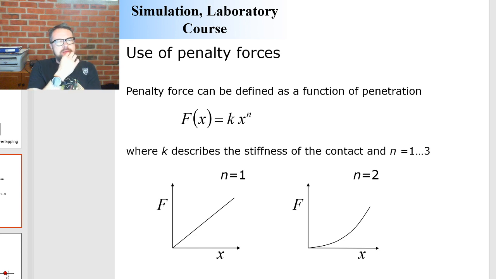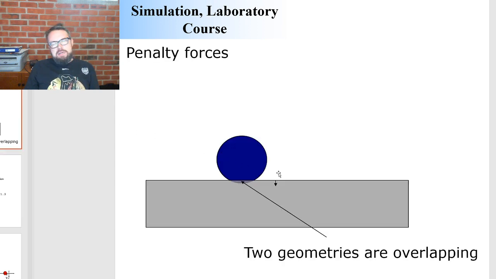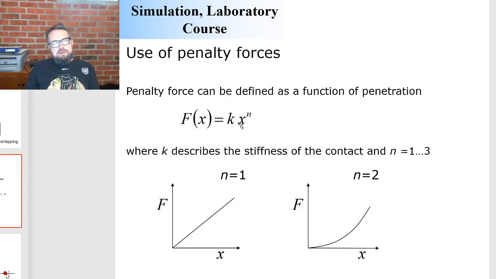This stiffness is then multiplied by the penetration, which is the one we measured in the previous figure. So x is missing here, which is a little bit confusing, but x is the one here. As the penetration becomes higher, depending on the stiffness value, the force easily becomes very big. Then we have here this penetration power n.